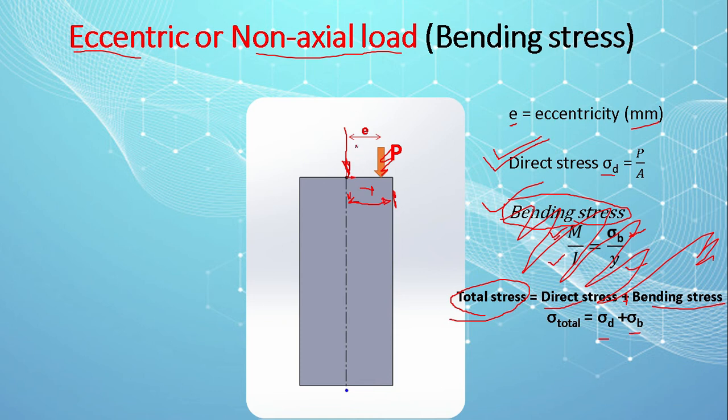But as this force P is applied at a distance of e away from the axis, due to this eccentricity, bending stress gets produced in this body. So the total stress in this body can be calculated by the algebraic sum of direct stress and bending stress.